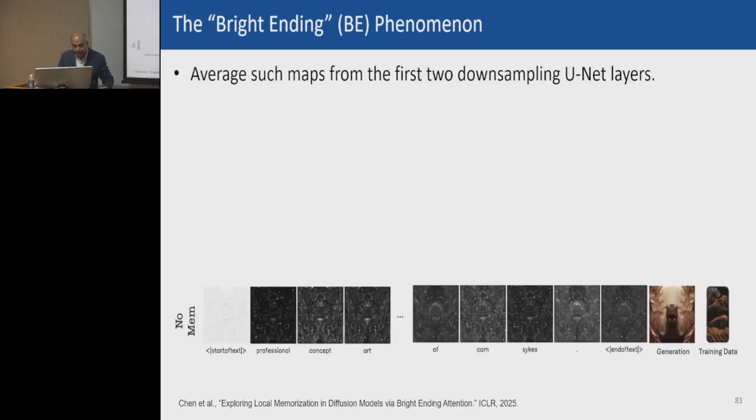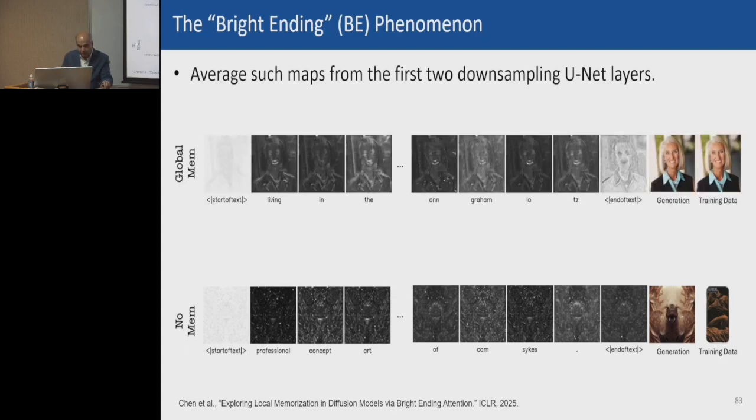So now if you look at the prompt, this is a prompt, this is the training image, and this is the generated image. We find the cross attention for each of the tokens, and this is the attention map. And this is the end of sentence token, right? This is the attention map with that. Now this is no memorization, so all these pixels are very, very dark, right?